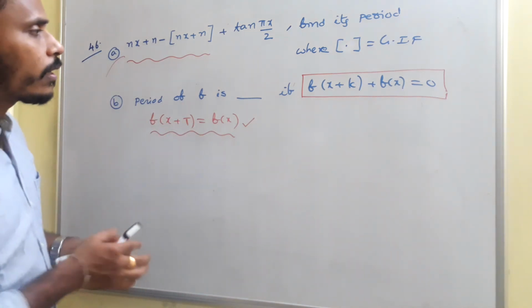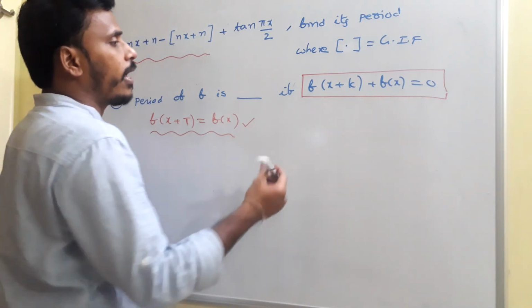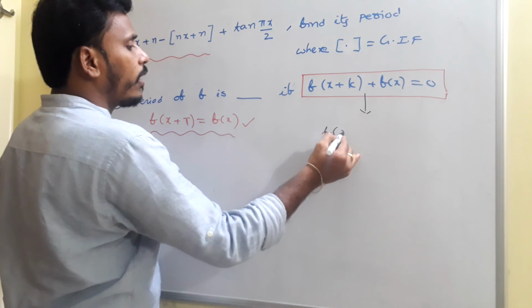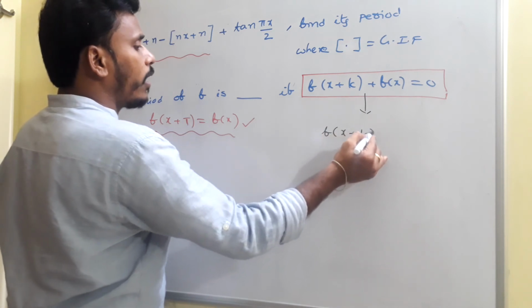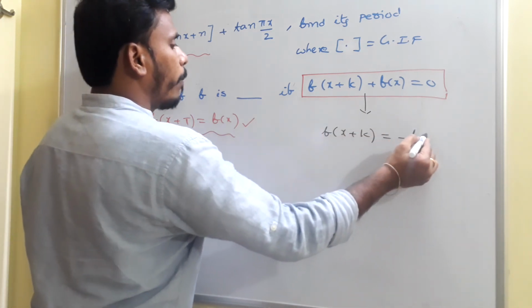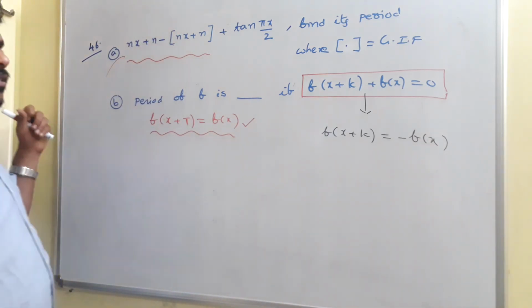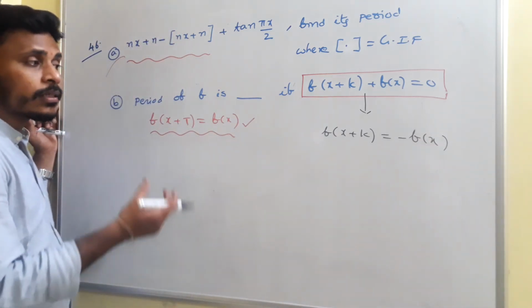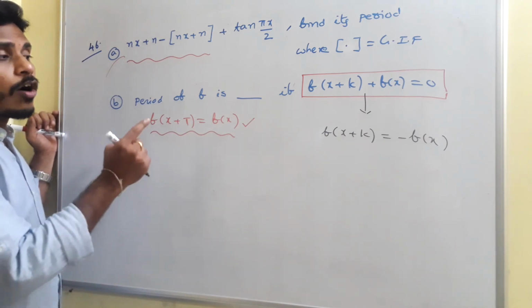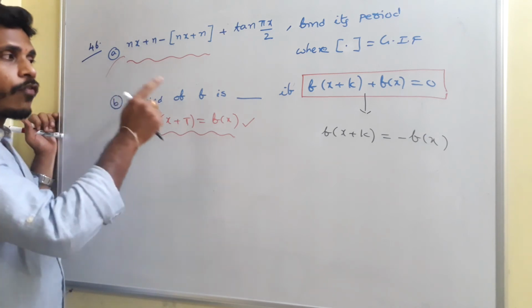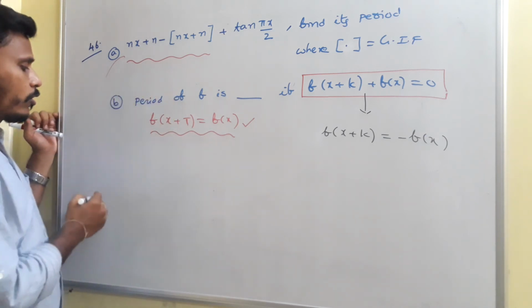But what we have here, f of x plus k plus f of x is equal to 0 is given. From there, f of x plus k is equal to minus f of x. Just observe it. f of x plus k is equal to minus f of x.